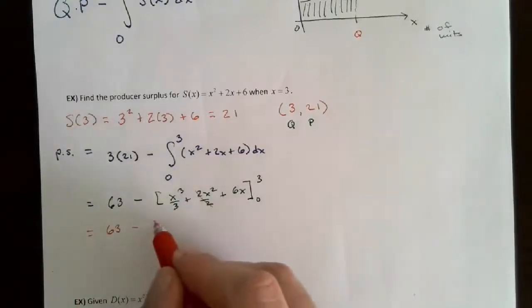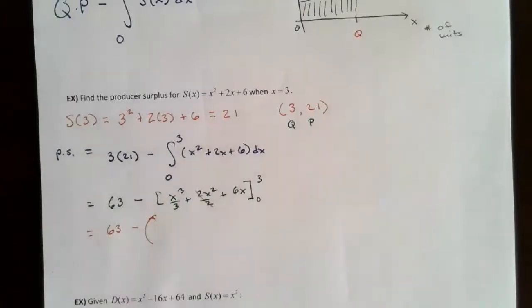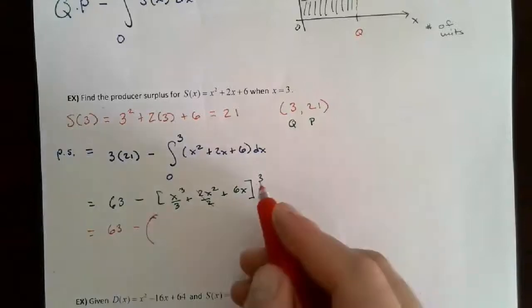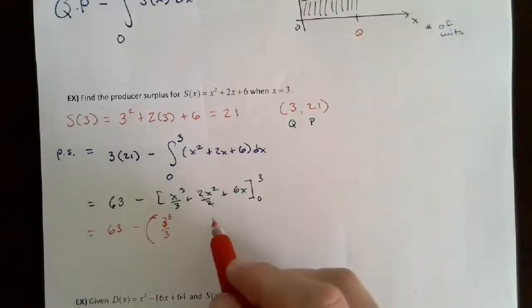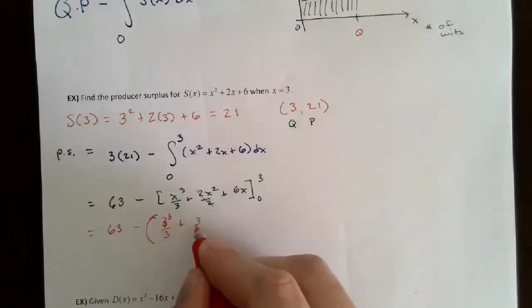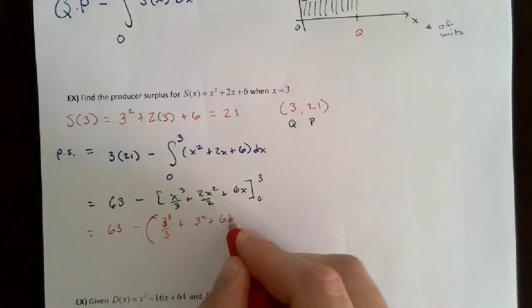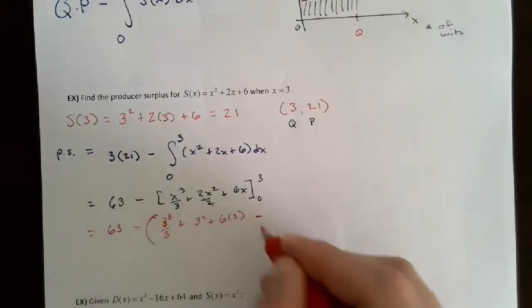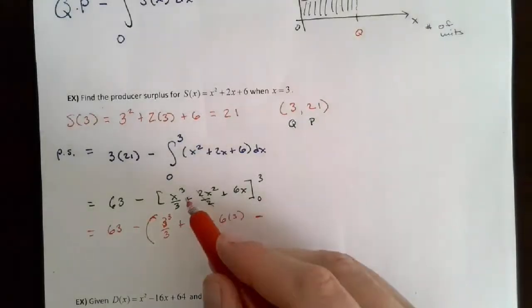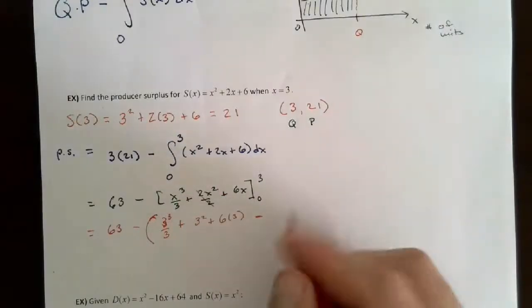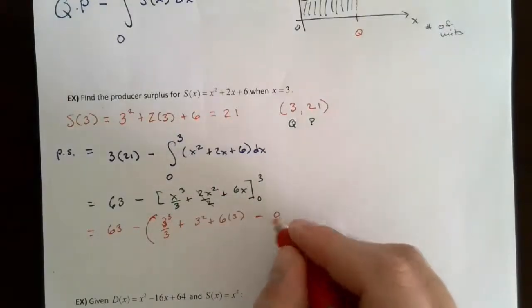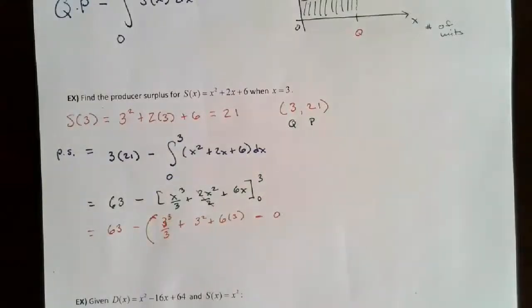Substituting in, make sure this minus is getting substituted into everything that comes after it. So minus, subbing in 3, we have 3 to the third over 3 plus 3 squared plus 6 times 3, minus substituting in 0. Substituting in 0 for all of these ends up being 0 to the third plus 0 squared plus 0. It's all going to be 0. But make sure you check that. Again, if there's exponentials, it won't always be 0.